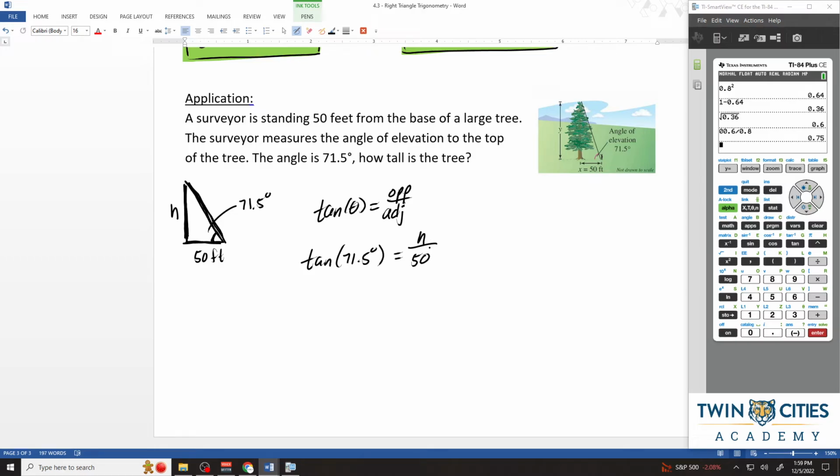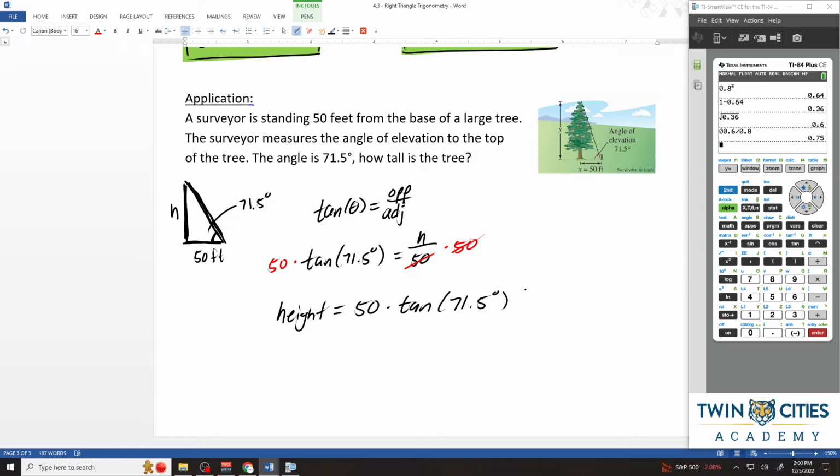H is being divided by 50. I'm going to multiply both sides by 50. Over here, the 50s will divide out, and I'll get h, where the height is equal to 50 times the tangent of 71.5 degrees.